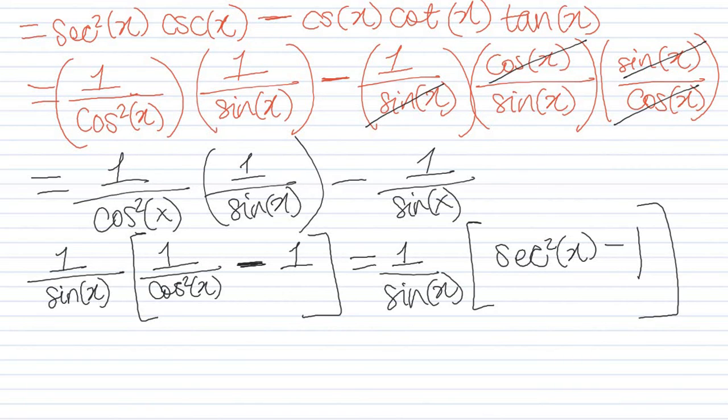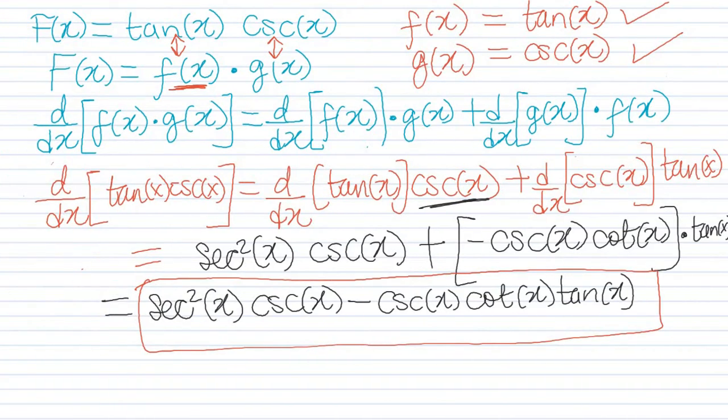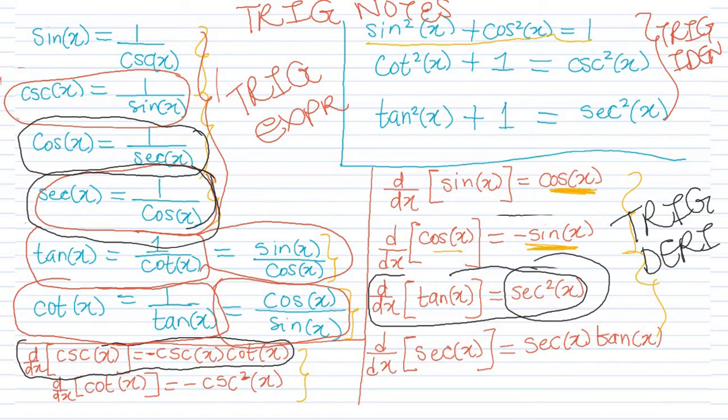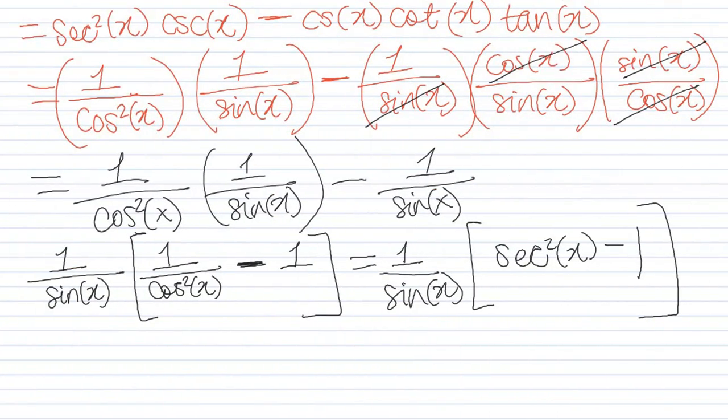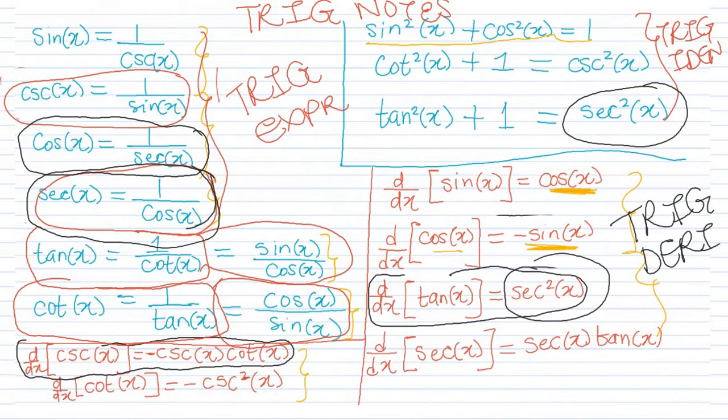Now, work is not done again, because this is looking like something familiar. So we go to the trig notes and compare what we have so far. From the trig notes, we know that we're dealing with secant x, but our question is secant squared x minus 1. When we compare, that means we have to take negative 1 across the equals sign. So we're going to have secant squared x minus 1, and that is the same thing as tan squared x.